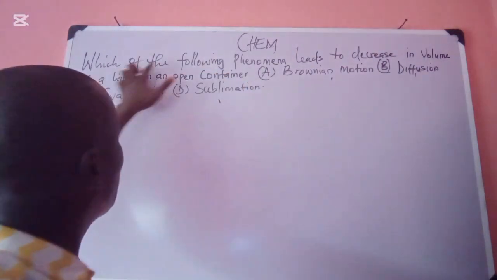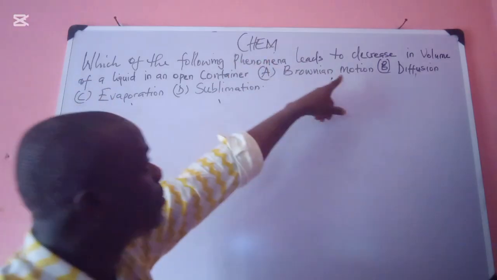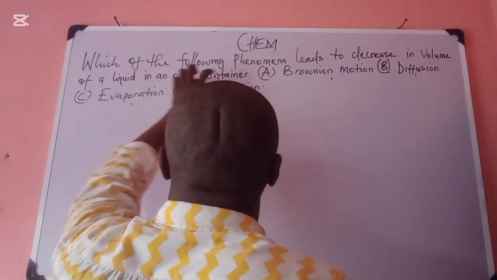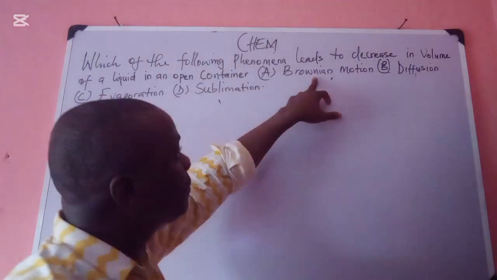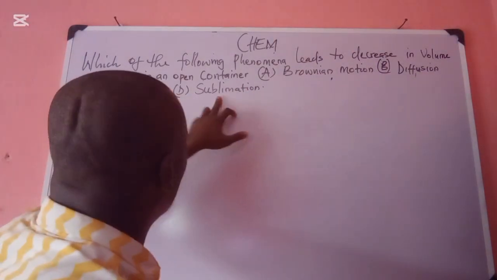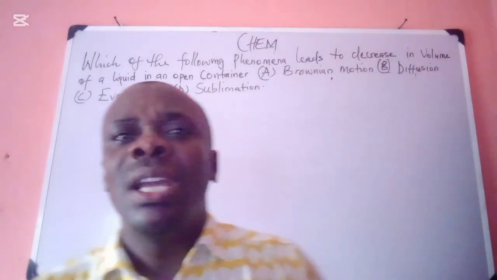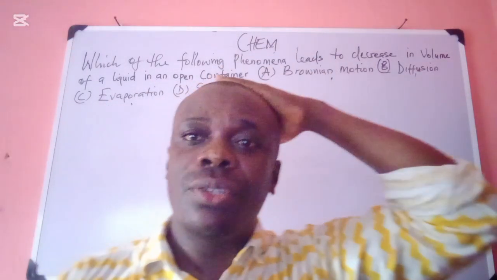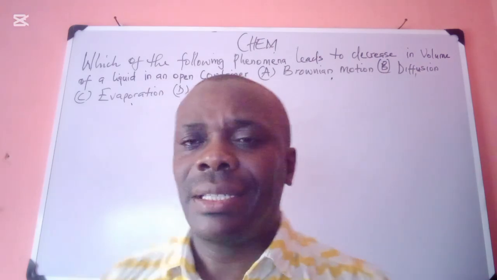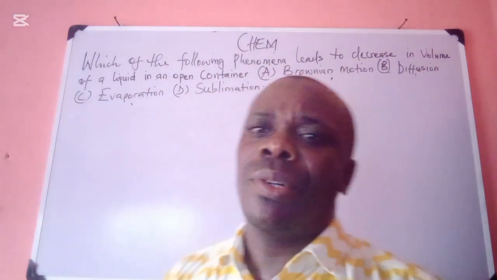Which of the following phenomena leads to a decrease in the volume of a liquid in an open container? Brownian motion, diffusion, evaporation, and sublimation. We'll look at the objective part of the question on the board.